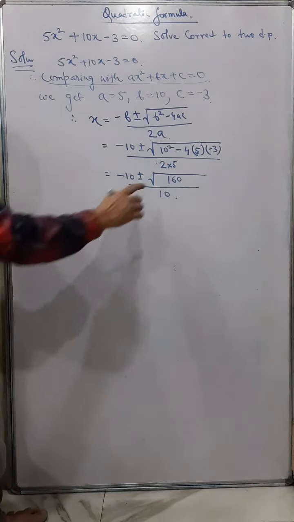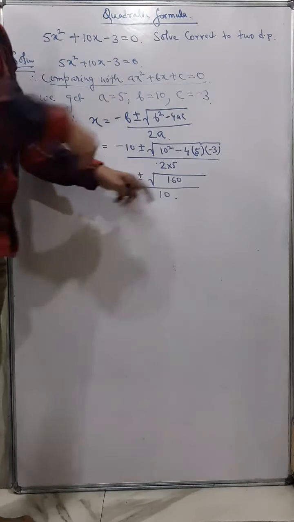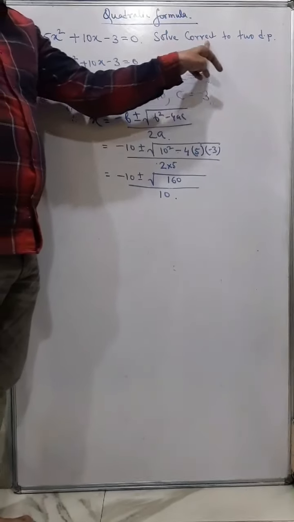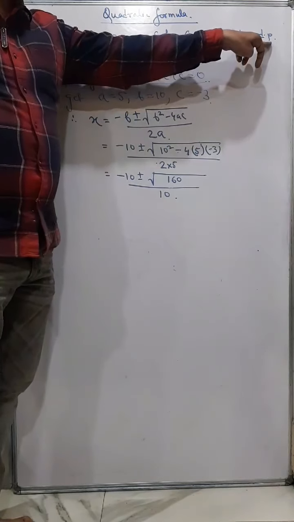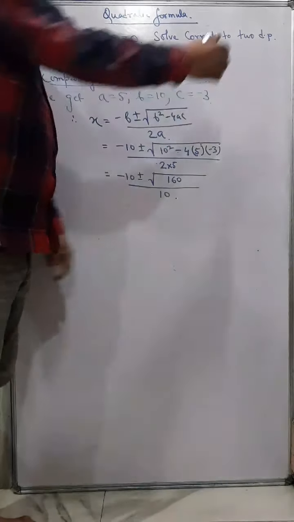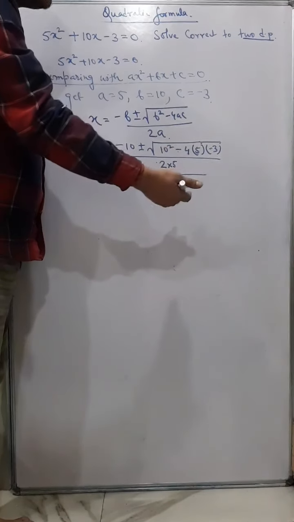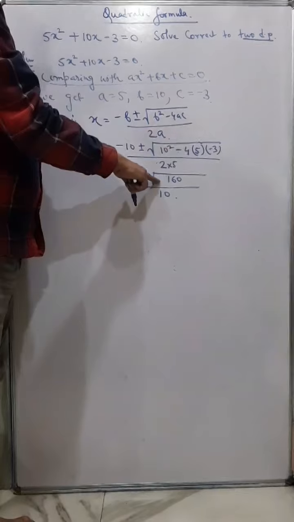Now you have to find the square root of this number, correct to 3 decimal places and then round it off to 2 decimal places. Understand what I told? Because in the question they told solve correct to 2 decimal places. So always when they say 2 decimal places, you have to find the square root up to 3 decimal places and then round it off and put the value.